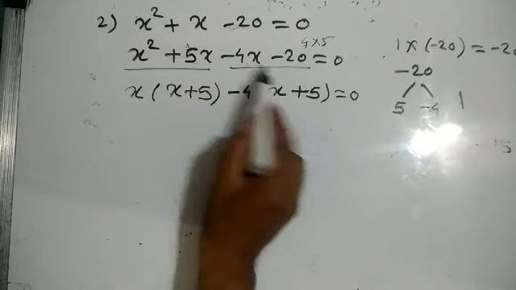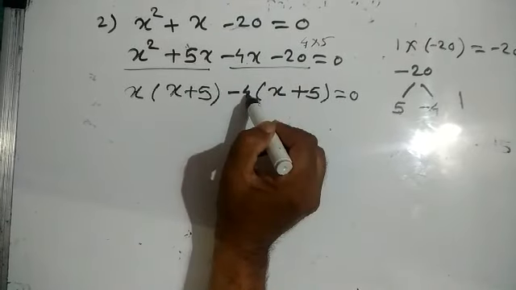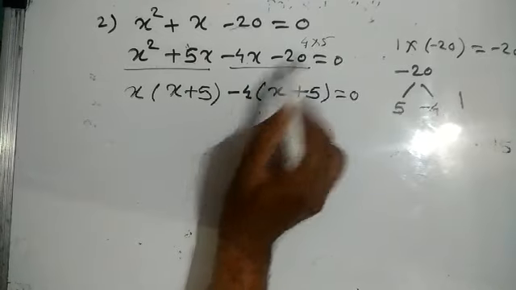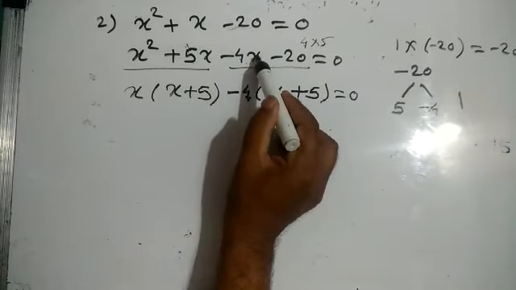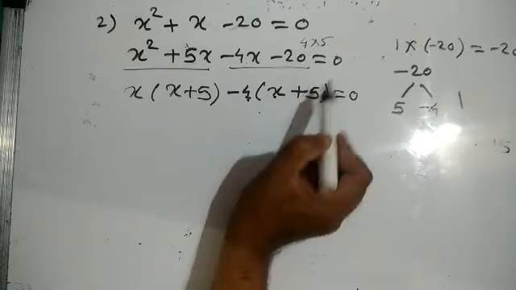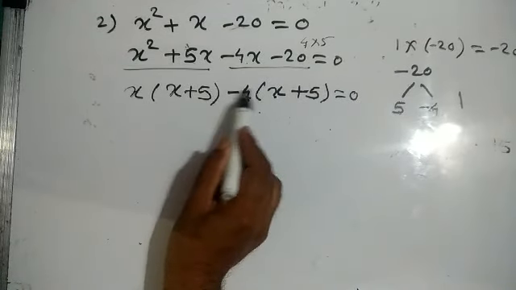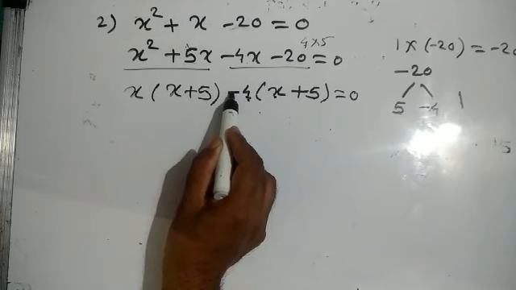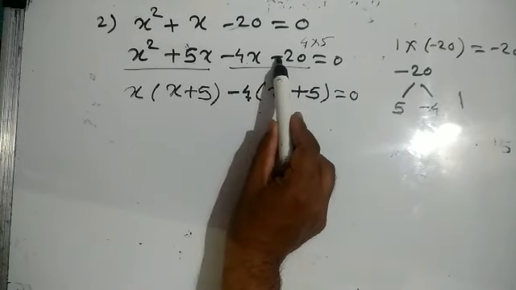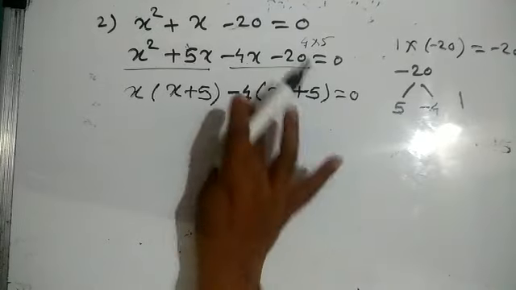When we take this 4 outside the bracket, what does it mean? This x and this 5. Again here, outside the bracket there is a minus sign. Therefore, write the opposite sign of this, that is plus.